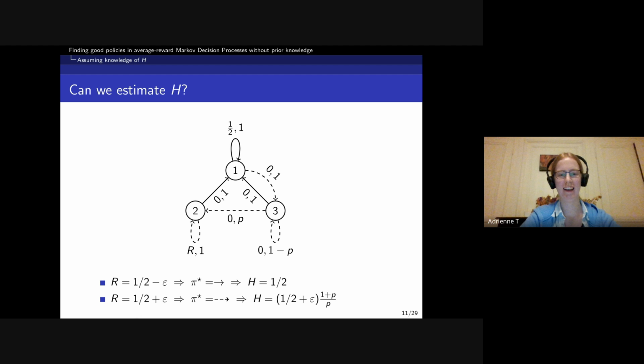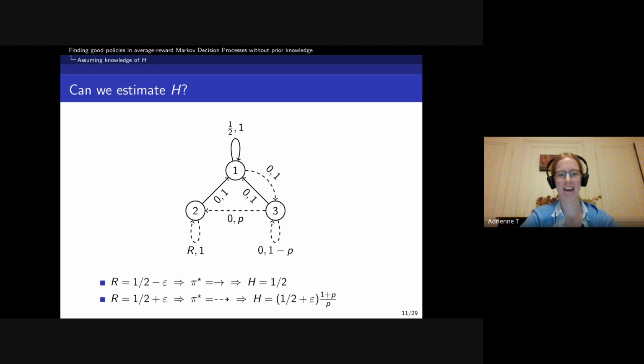And what happens is, if you take R to be slightly smaller than 1/2, then to get the best possible policy, you want to go to state 1, where you have your 1/2 reward. And so your optimal policy is going to be the full line one.